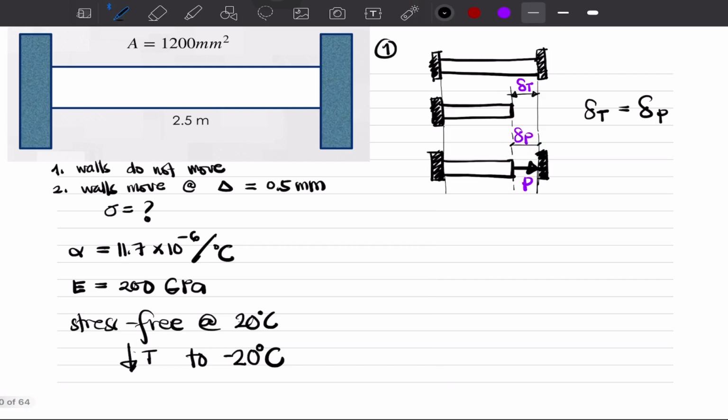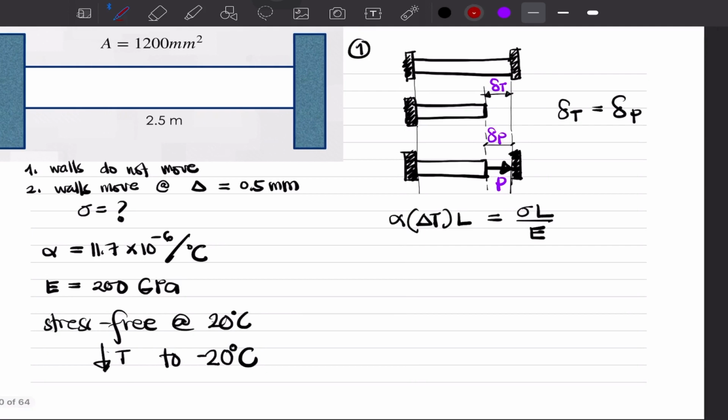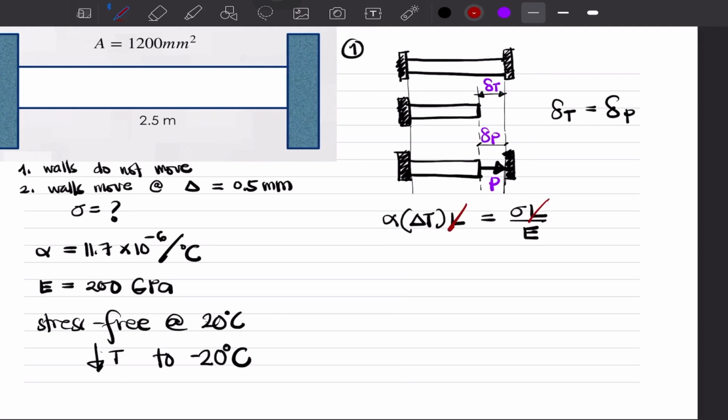Okay, so the formulas: deformation due to the change in temperature is alpha times the change in temperature times L. The deformation due to the load is stress L over E. It is the same length, so it can be cancelled out. Stress, therefore, is equal to alpha delta T times modulus of elasticity.